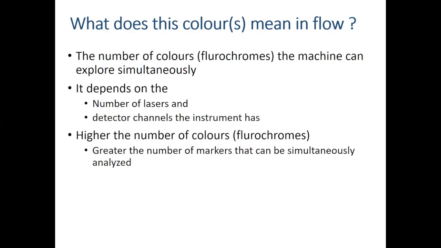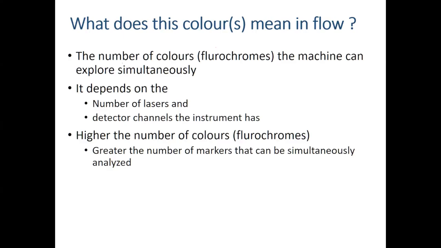Now, if someone says I'm using an 8 color flow cytometer, the minimum number of lasers you need is 2, the blue and red, and you should have 8 detectors to capture signal from 8 different fluorochromes, right? And if someone says 13 color flow cytometer, you should have 3 lasers, blue, red, and violet, and 13 detectors for the 13 different fluorochromes which you can add to the cells, right?